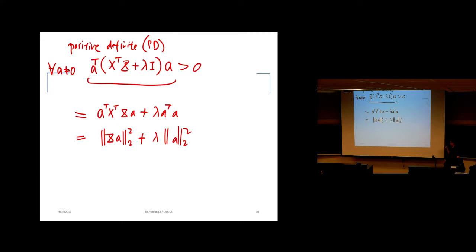This means this is larger than 0. It's guaranteed to be larger than 0. And this proves the property that X transpose X plus lambda I is positive definite, and that's why it's guaranteed to be invertible.